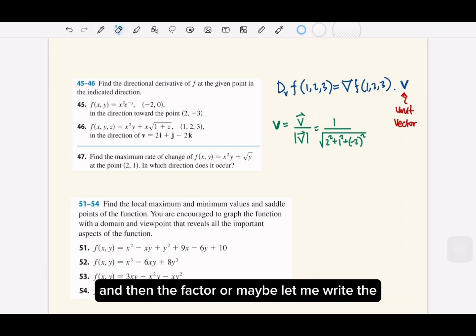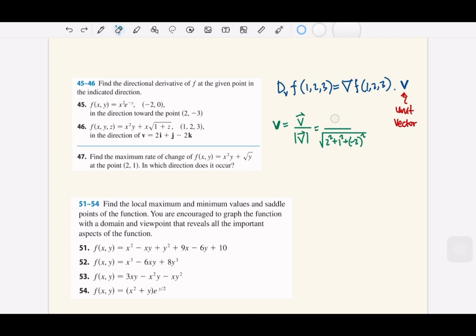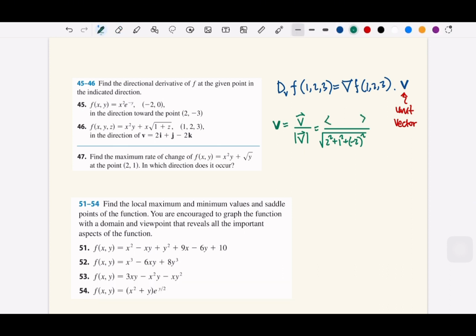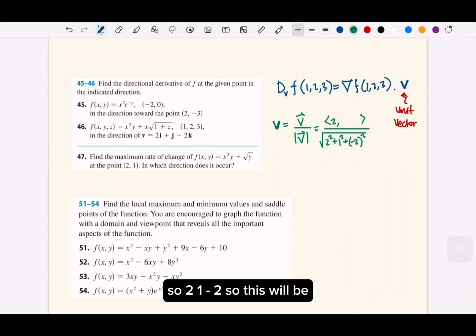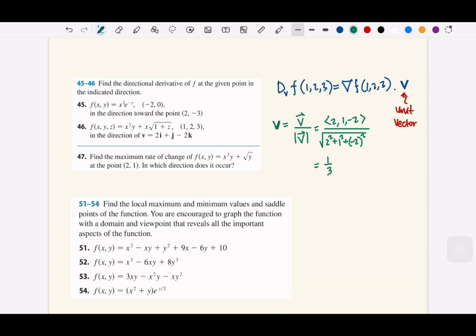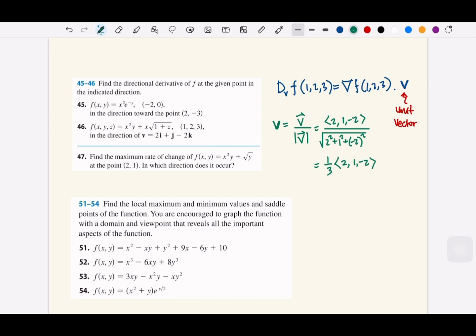And then the vector is 2i, or in this form, 2, 1, negative 2. So it becomes 9, the square root is 3, so 1 over 3 times (2, 1, negative 2). Okay, that's the unit vector v.